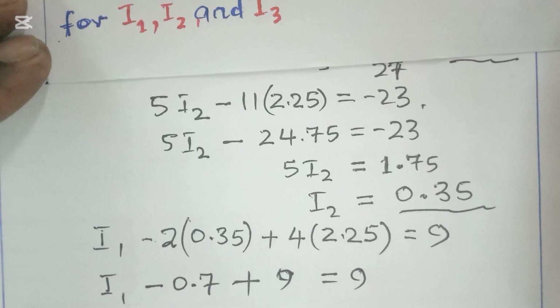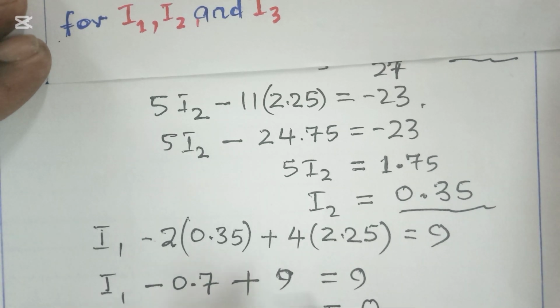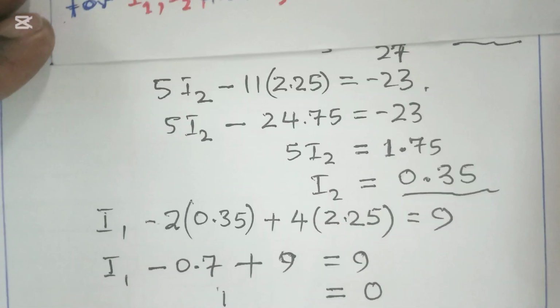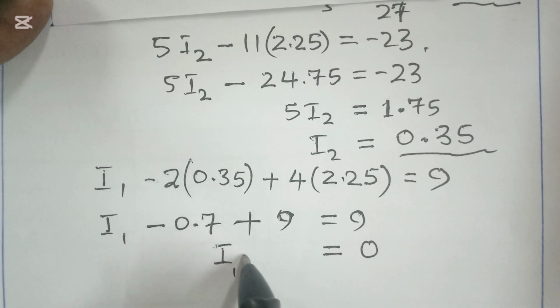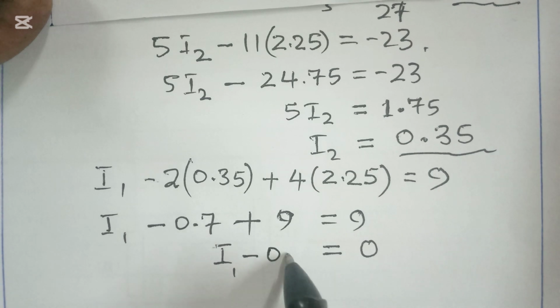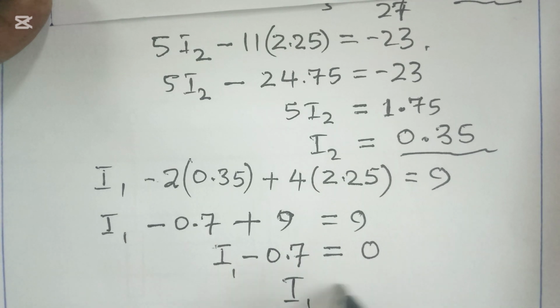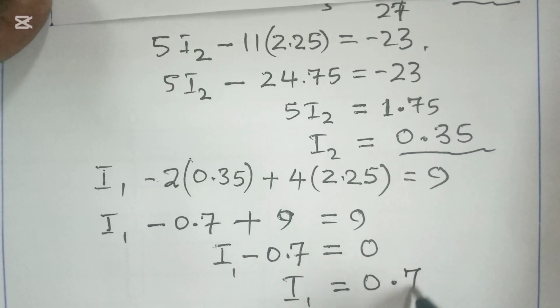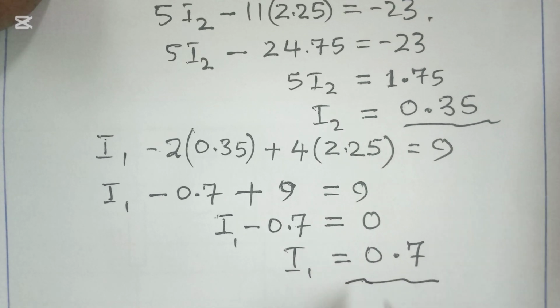And so therefore, guys, we can transfer this 9 this side and we get 0. Then we are left with I1 minus 0.7. So therefore I1 is going to be 0.7 like that. So guys, that is our solution.